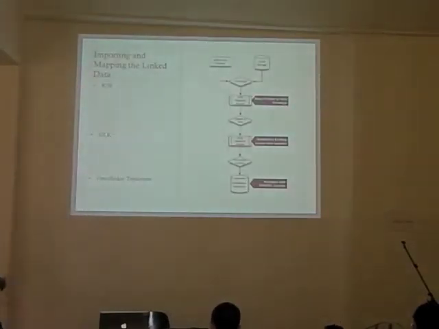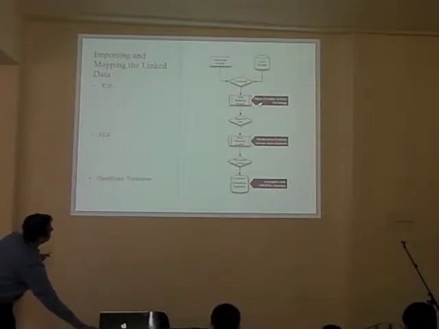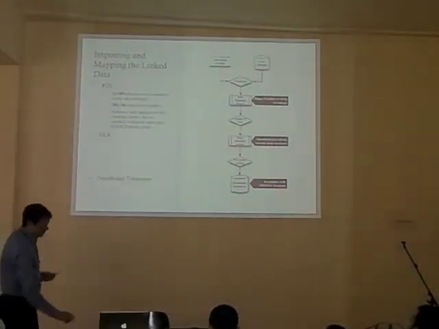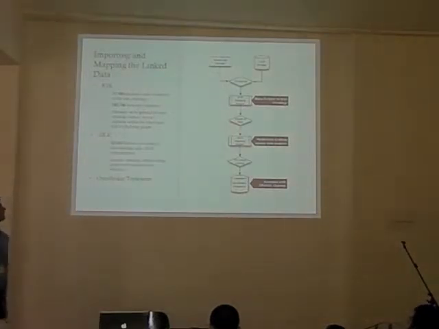So I'm only going to briefly touch on this because it is the 30 minutes after me. But this is our import pipeline. The 2 points I really want to put out are R2R and Silk. R2R is a mapping tool that takes the RDF store, we apply mappings to where it fits in the wiki ontology, and it does that translation into our system. Silk, on the other hand, finds duplicates, Diseasome and DrugBank.